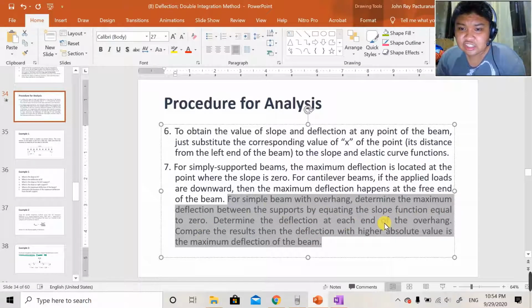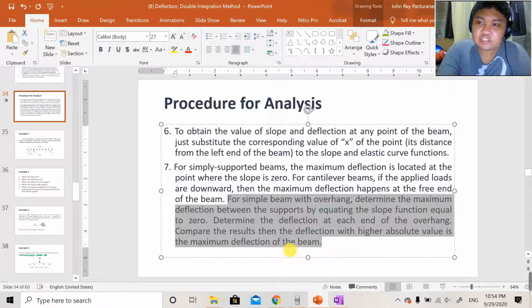Determine the deflection at each end of the overhang, compare the results, then the deflection with higher absolute value is the maximum deflection of the beam.